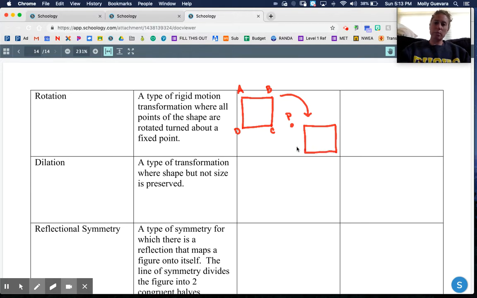But it's going to be rotated, right? This would be D prime now, and this would be A prime, and B prime, and C prime.